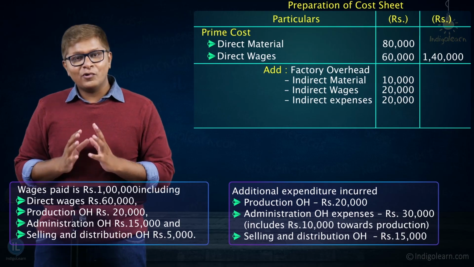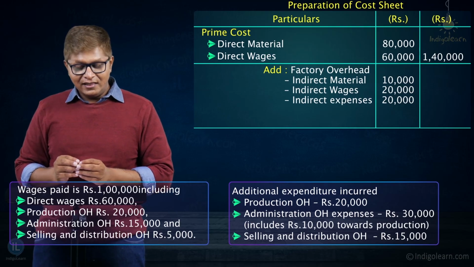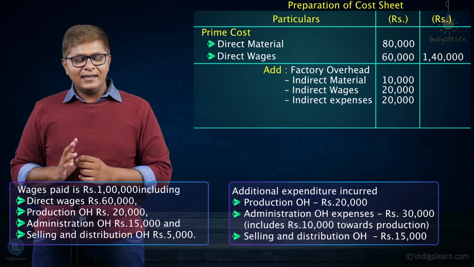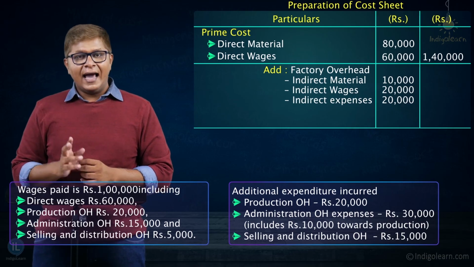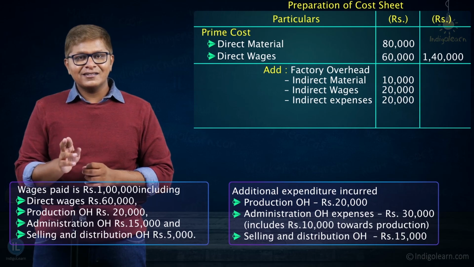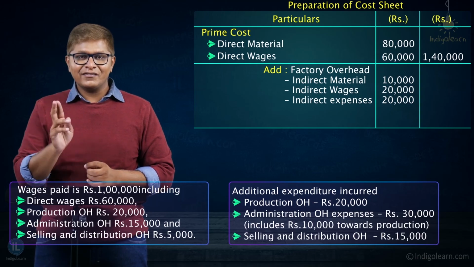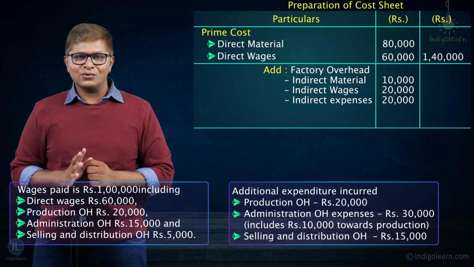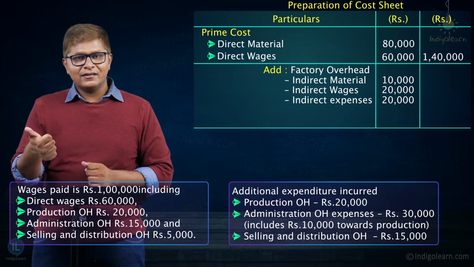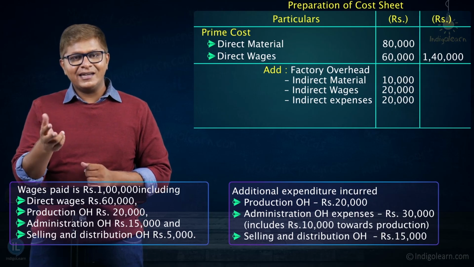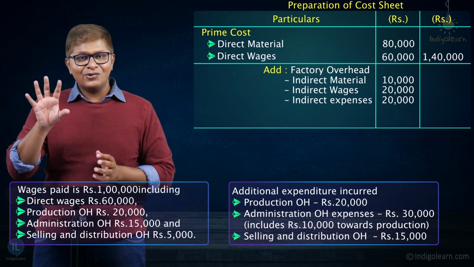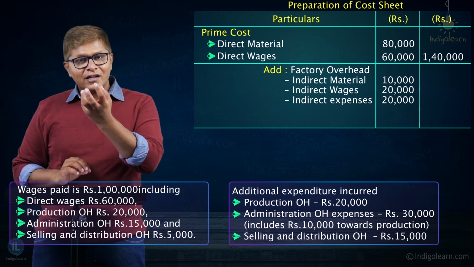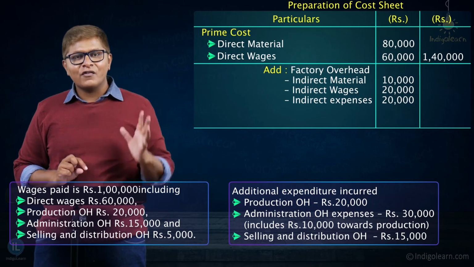So if we add up all three, the indirect material that we have used is 10,000, the indirect wages towards production is rupees 20,000, and the production overhead that we have incurred directly is rupees 20,000. So totally we are getting 10 plus 20 plus 20, 50,000, but they have very clearly said that out of this 50,000, we were able to absorb only rupees 45,000.